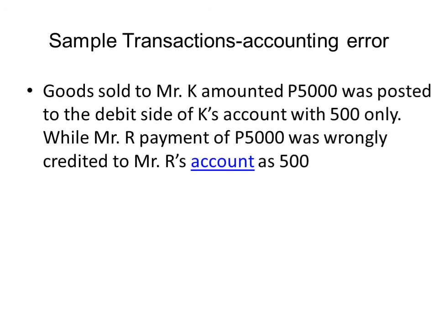Next is the sample transaction for accounting error. Suppose goods sold to Mr. K amounting to 5,000 were posted to the debit side of K's account with only 500, while Mr. R's payment of 5,000 was wrongly credited to Mr. R's account as 500. What was the entry made for both?